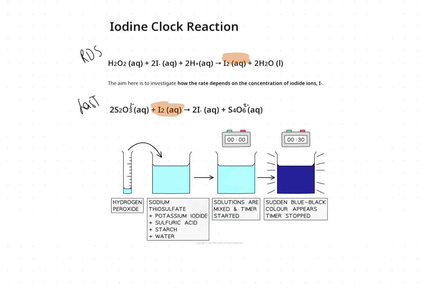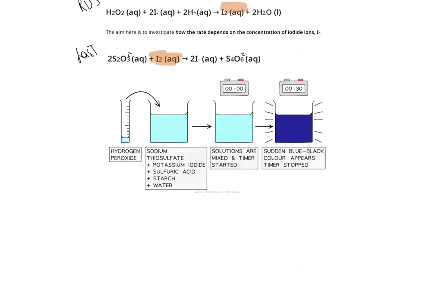So what are we observing and why is the color changing? As soon as the thiosulfate runs out, because the peroxide is always given in excess, so the sodium thiosulfate solution is always lower, and when it runs out, then iodine starts being present in excess. And this is what will cause the sudden color change.